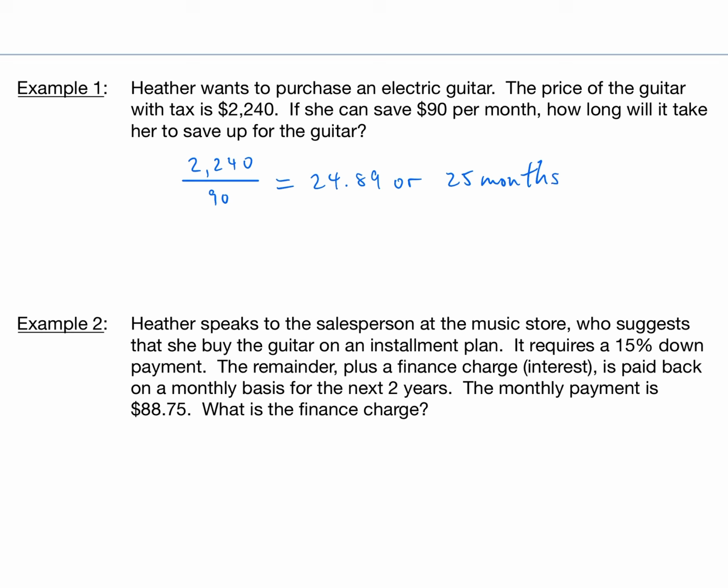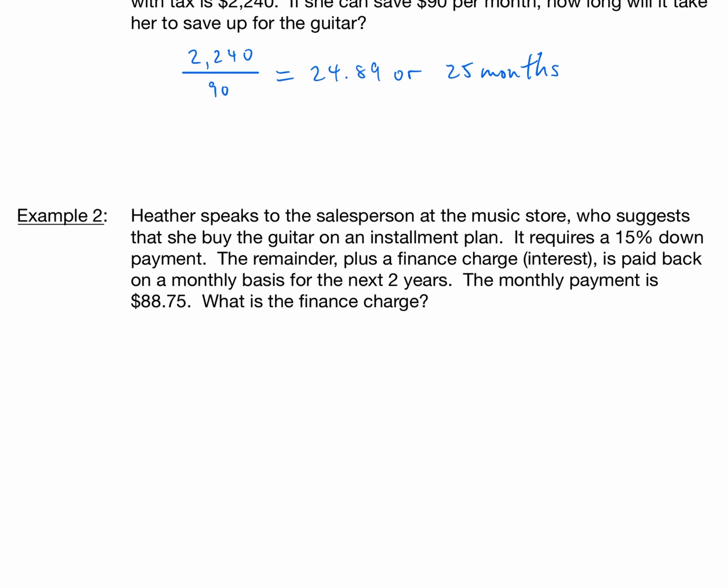So as you can see, if you decide to pay for something and you don't have enough money, it takes a while to save up that kind of money to be able to purchase something that she wants. And that's okay to take that much time, because the other option is to go into debt or get credit for it. And that's what we're going to see in the next example.